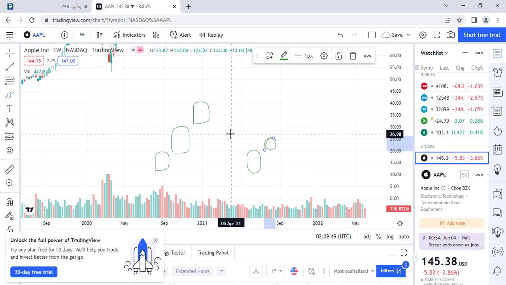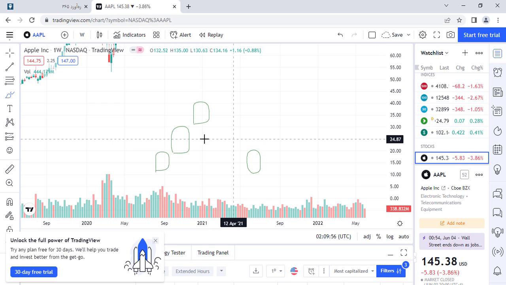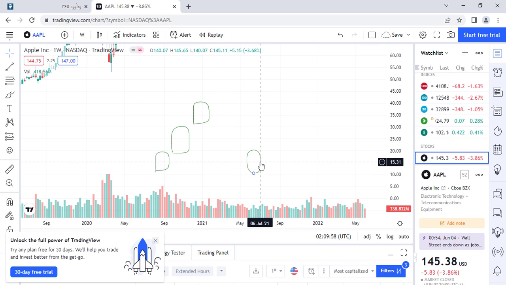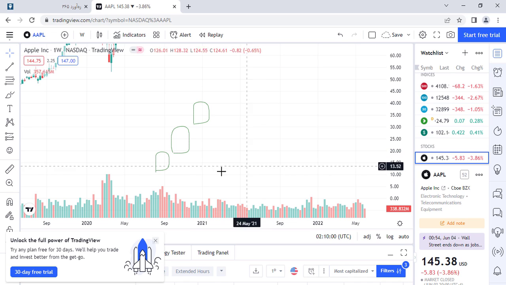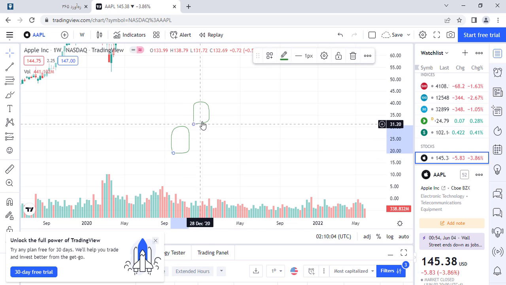Most of the traders use linear scale, but in most cases, logarithmic scales have a better performance.